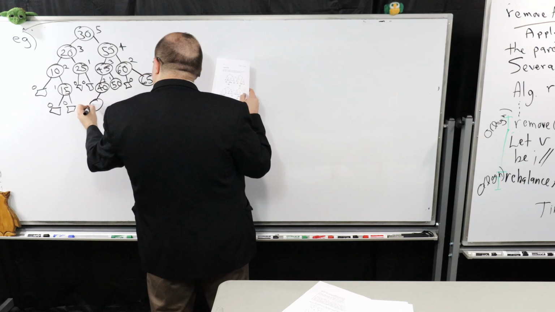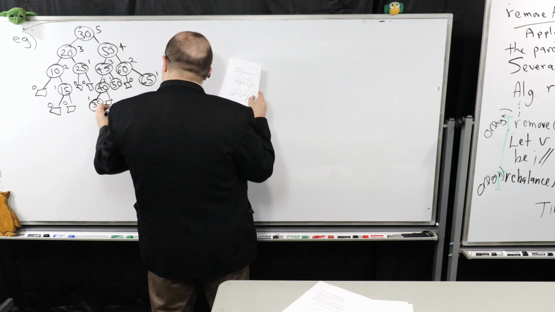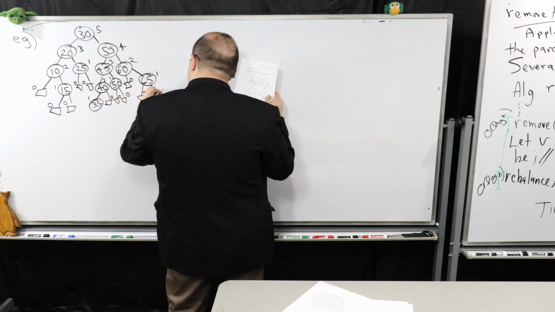To the left of 40 is 35. Then I have a leaf. Then I have just a whole bunch of leaves for everything else. Leaves all over the place.